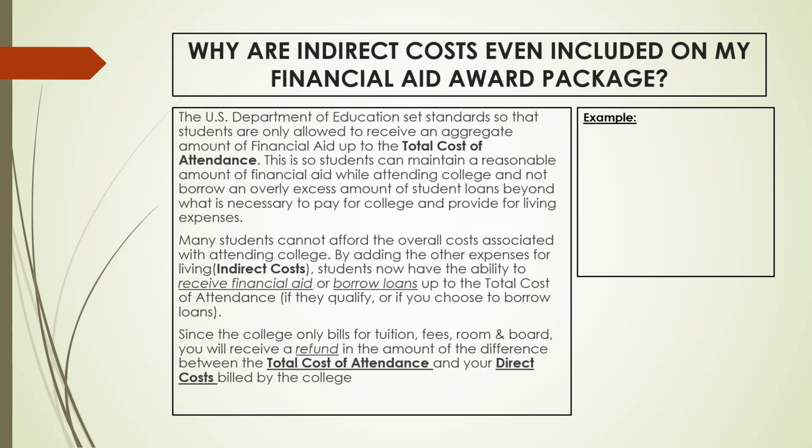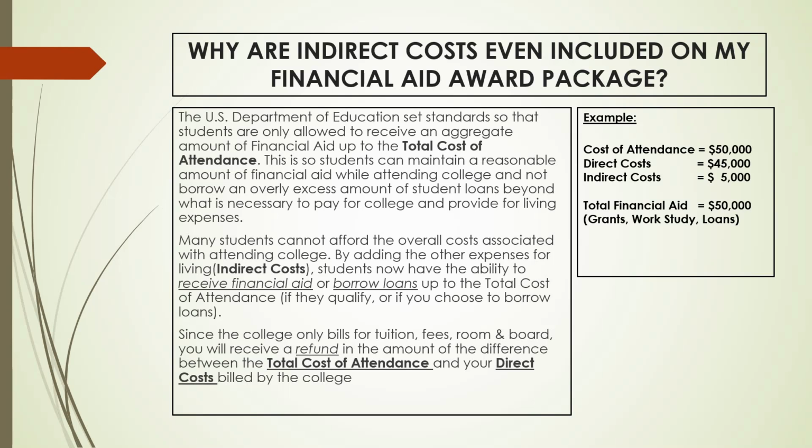So let's look at an example here. Let's say your total cost of attendance for the college you're attending is $50,000. The direct cost for tuition fees, room and board is $45,000. And then there's the additional $5,000 in indirect costs for books, supplies, transportation, and miscellaneous expenses.